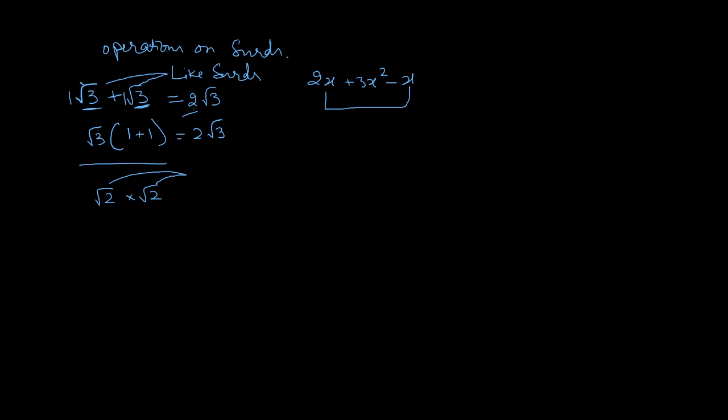So that's the reason I'm performing that operation. If it was 2 root 2 minus root 3, these two are different, so I cannot perform any operation, it stays as is.